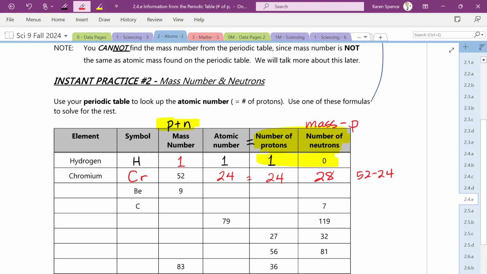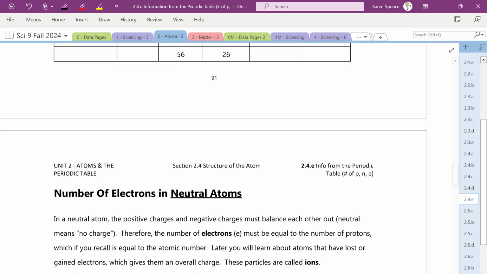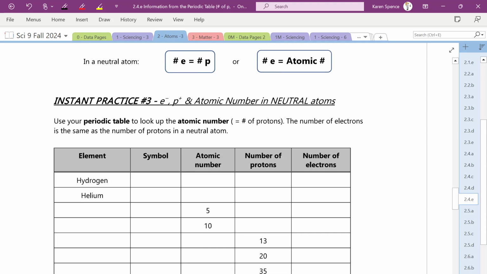So what I would like you to try now is pages. Oh, actually, and then the other thing is just electrons. The only thing different about the electrons is that the atomic number and the number of protons is the same as the number of electrons. So super easy. Hydrogen has an atomic number of 1, so the number of protons is 1, so the number of electrons is 1.